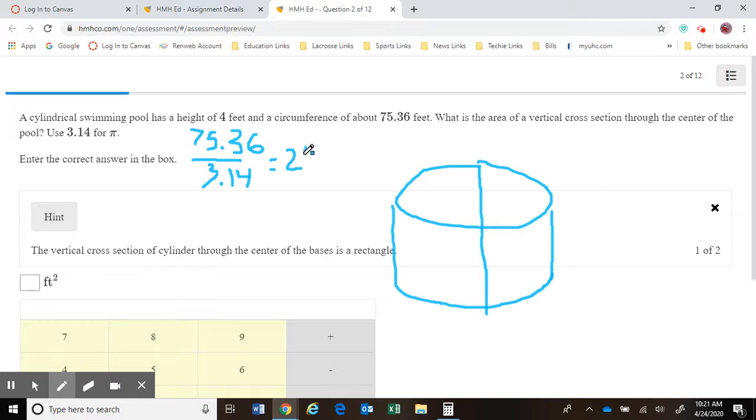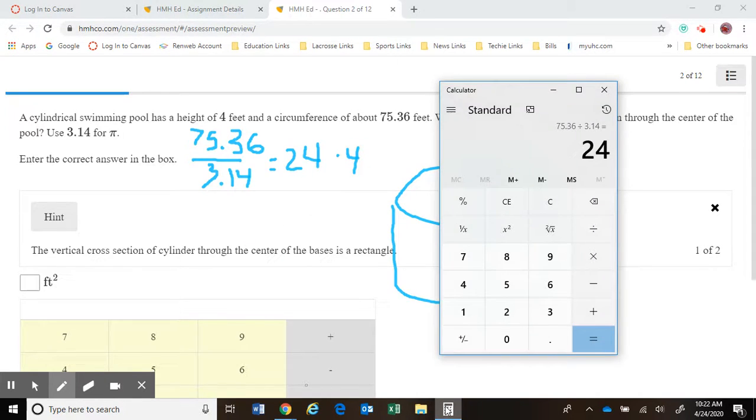Okay, now I've got 24. All right, and then 24 is my one dimension. And then, of course, my height is 4, so I'm going to go 24 times 4 is 96.